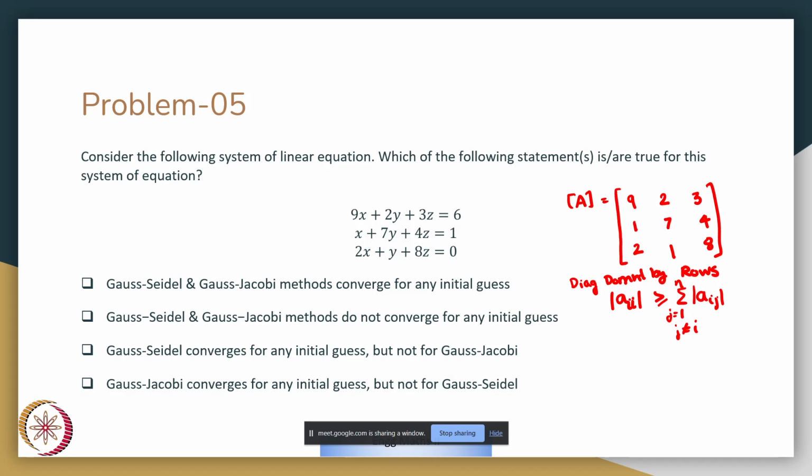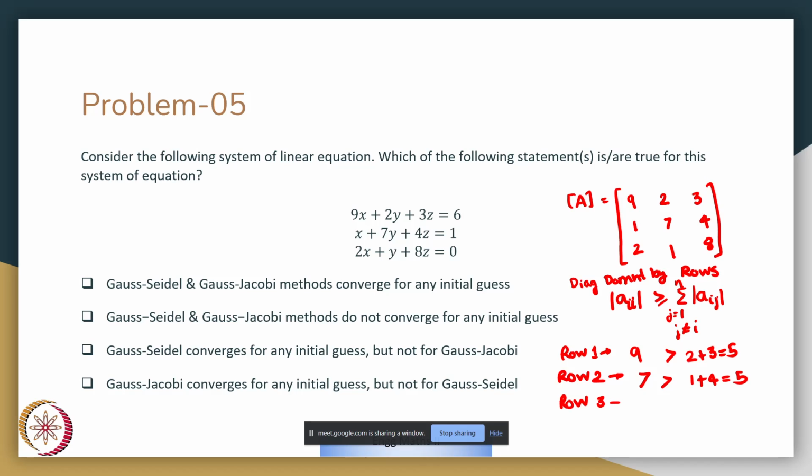So we'll check for all the three rows. For row 1, the left hand side is 9, the right hand side is 2 plus 3, which is 5. So this holds strictly true. For row 2, the left hand side is 7, the right hand side is 1 plus 4, which is again 5, so again it holds true.